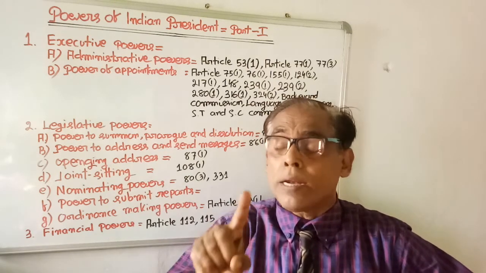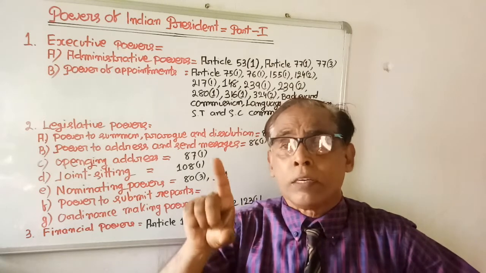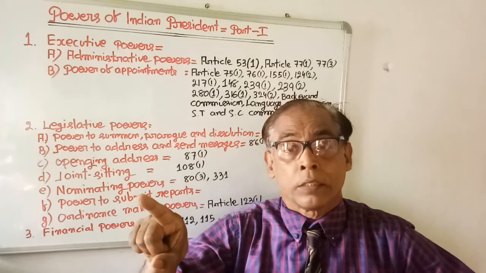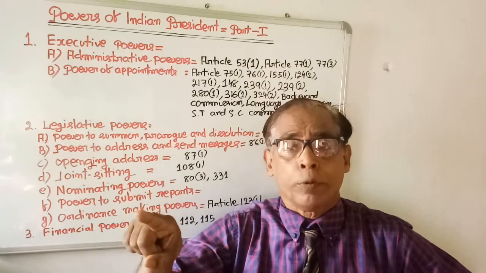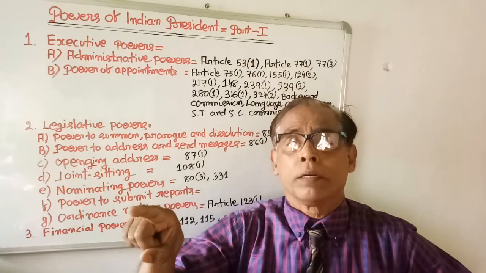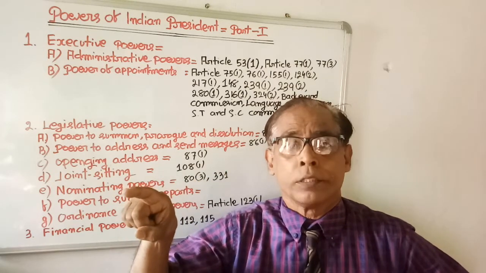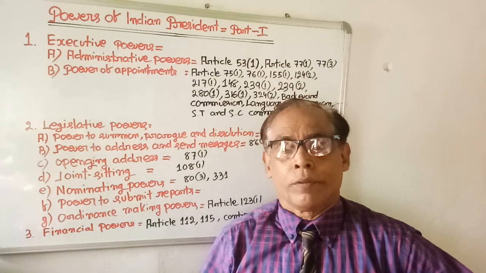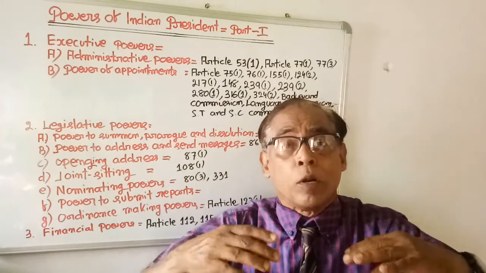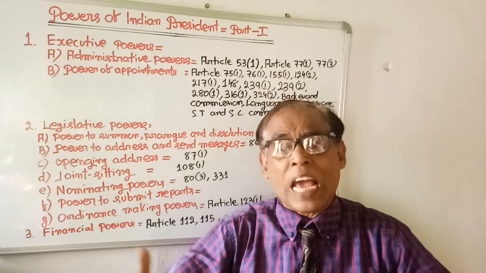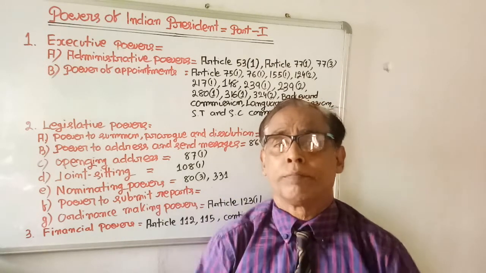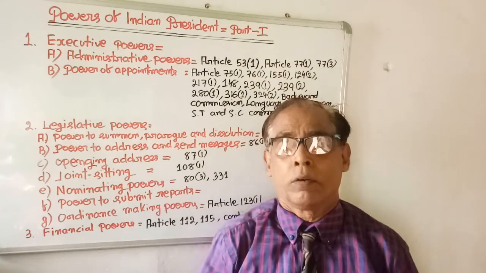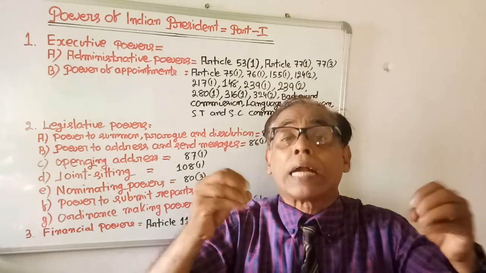No doubt the President has the power to declare an ordinance, but that ordinance will have to be approved by the Parliament within 6 weeks of its reassembly. Whenever the Parliament meets, at that time it will have to approve it. Otherwise, the ordinance will become defunct, inactive.